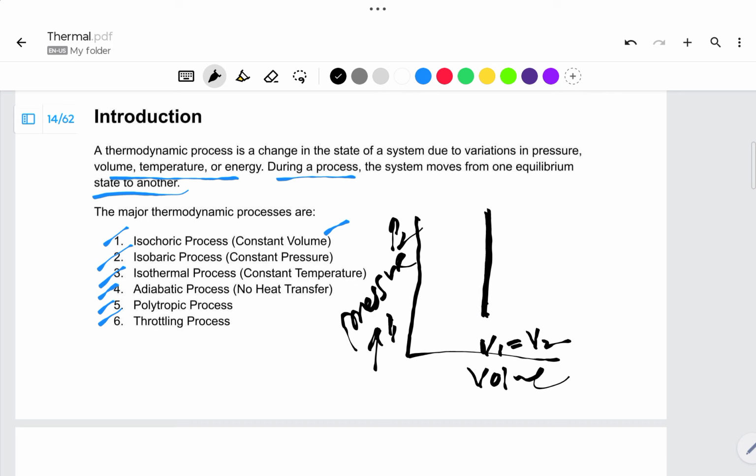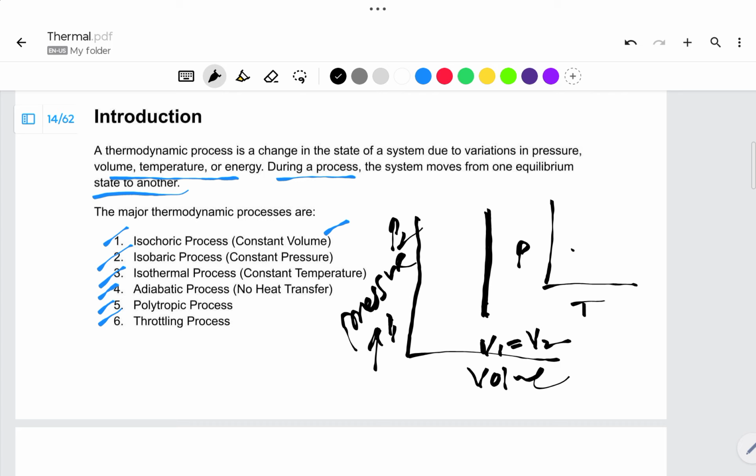Now we are only discussing the graphs. Then if I draw the same for pressure and temperature, as the pressure increases, the temperature will also increase.